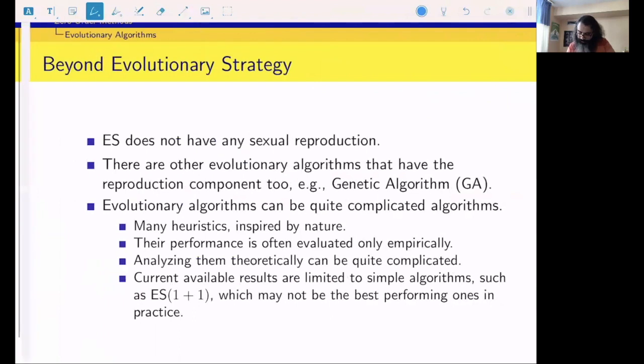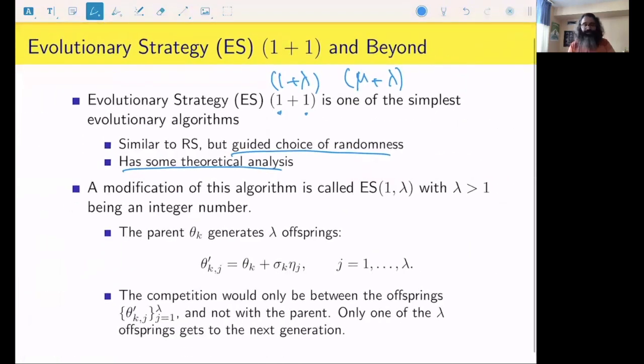Another modification is called mu comma lambda, versus mu plus lambda. In the case of 1 and lambda, we have a parent that generates lambda offsprings, similar to before, each with different noise of course.